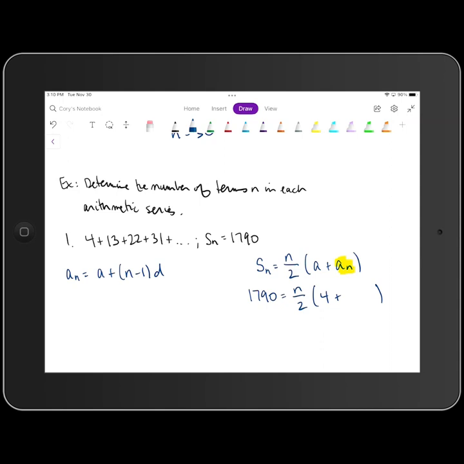Like in an earlier example, we looked at finding the explicit formula for a sub n. We need to figure out what the explicit formula for a sub n is. We have enough information to figure that out.